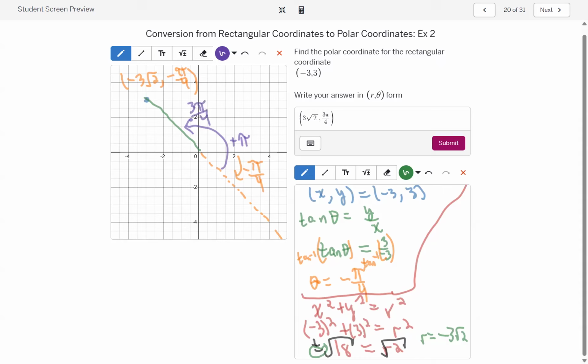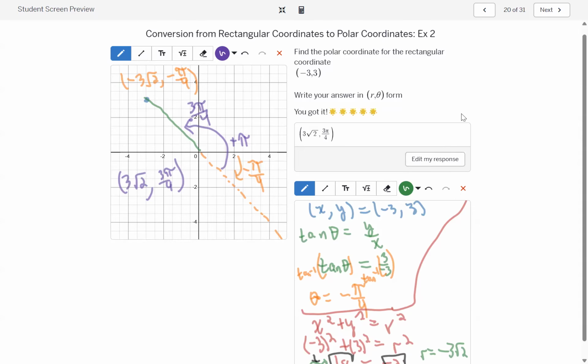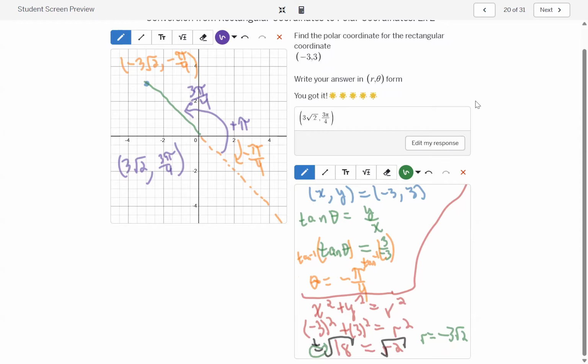But if I use 3 pi over 4 for my angle, then I'd use the positive radius, which is positive 3 square roots of 2. So the answers are equivalent. Amplify was just taking one of the answers over the other, but it truly doesn't matter.